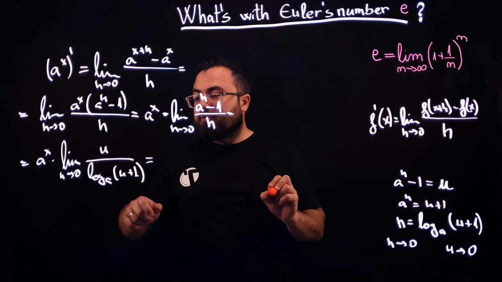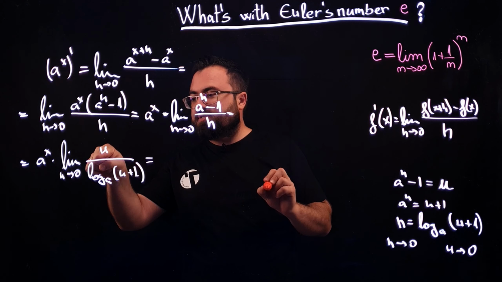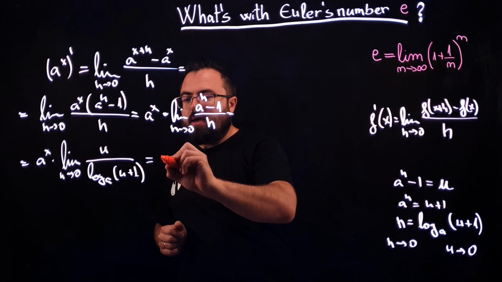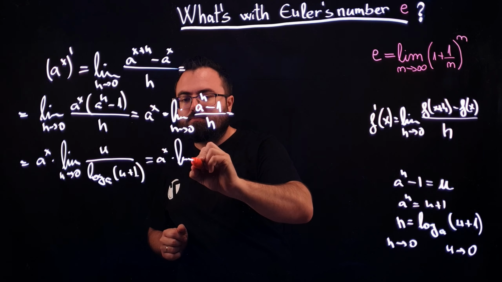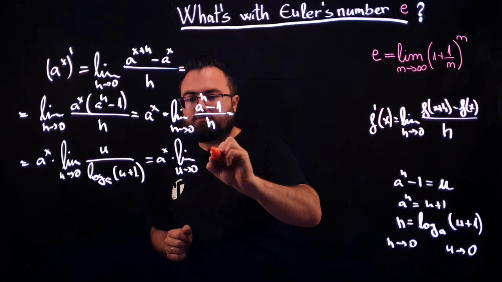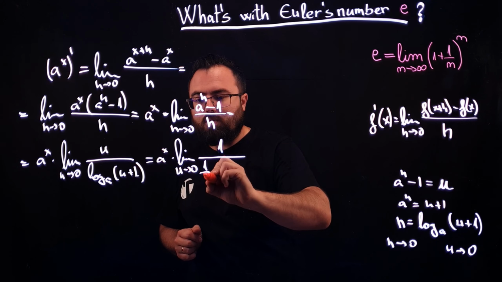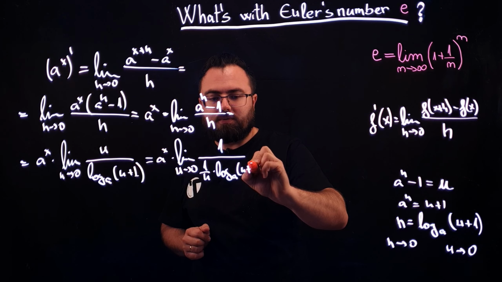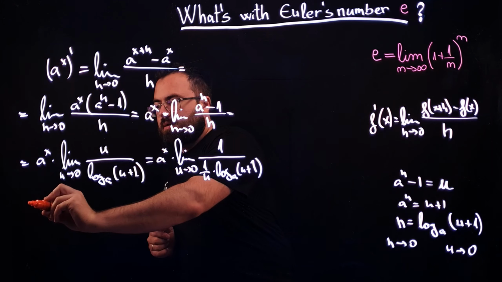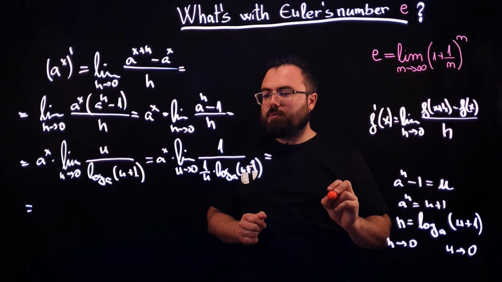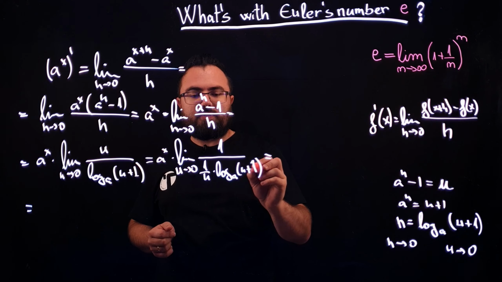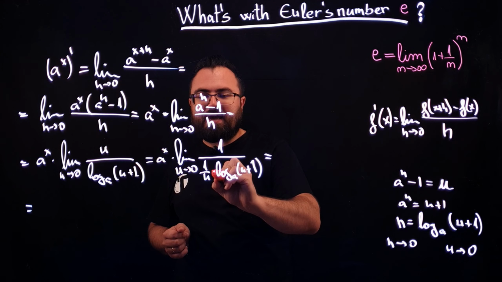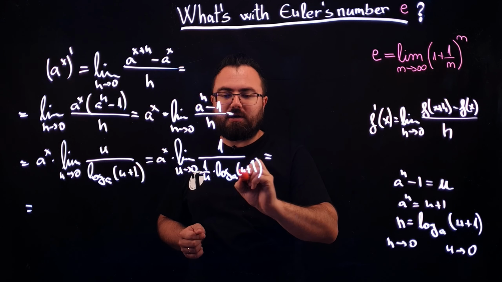And now we will continue with the following aspect. We want u to go down to the denominator as 1 over u, so we have (1/u) times the logarithm base a of (u + 1). Now we will use a property of logarithms: when multiplied by a constant in front, this constant can go to the exponent of the argument of the logarithm.